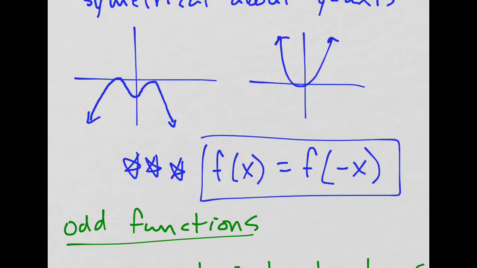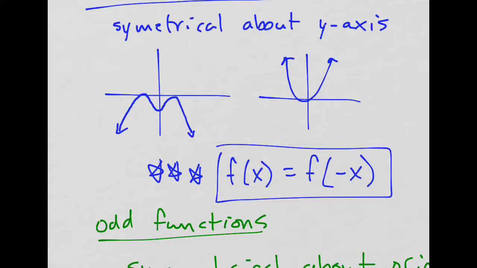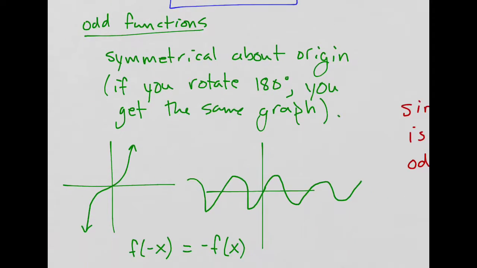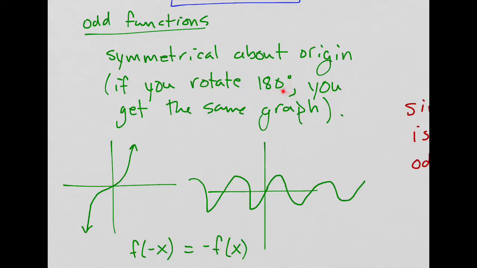That's what that means. Now, odd functions are ones that are symmetric about the origin. If you rotate it 180 degrees, it ends up as the same function.